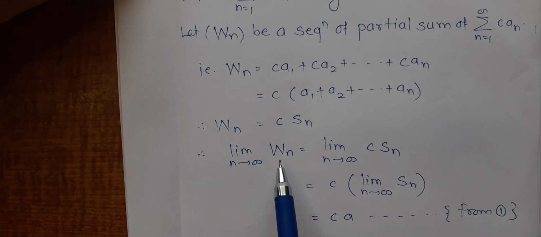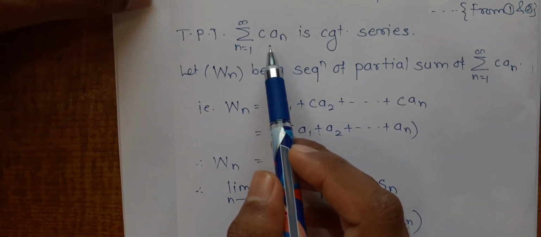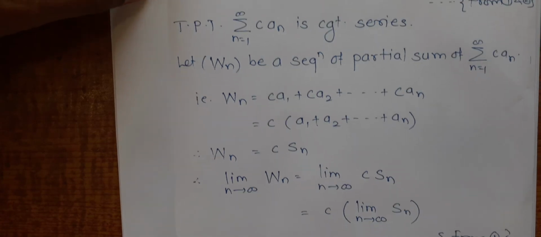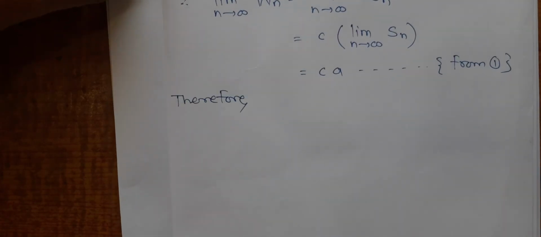So we are saying the sequence of partial sums W_n is convergent and converges to cA. Therefore the corresponding series, summation c·a_n, is also a convergent series and converges to cA.